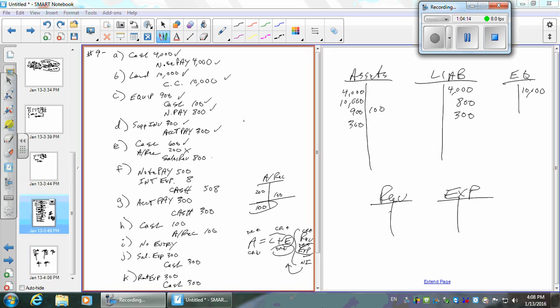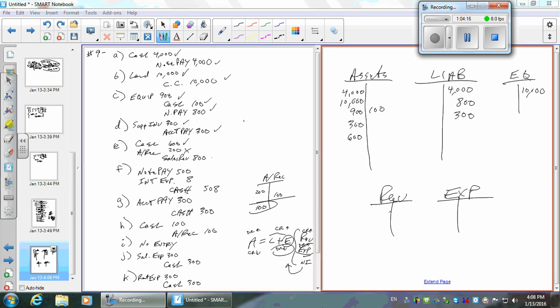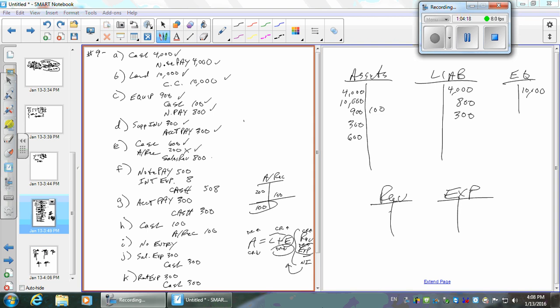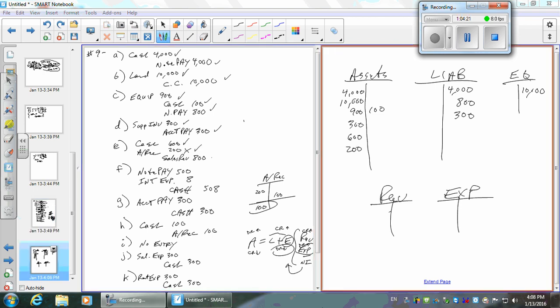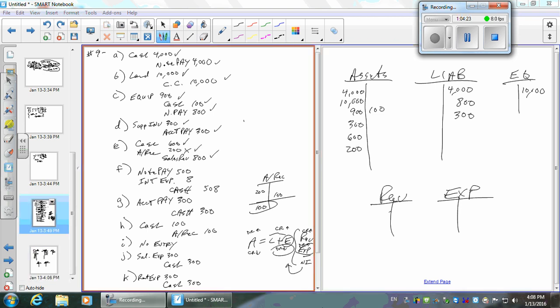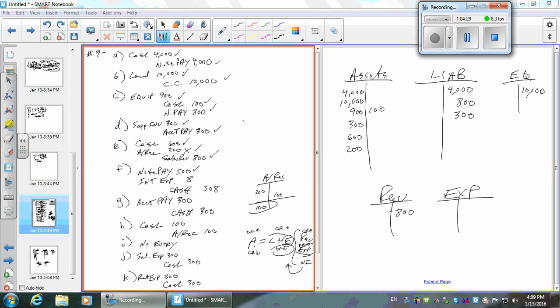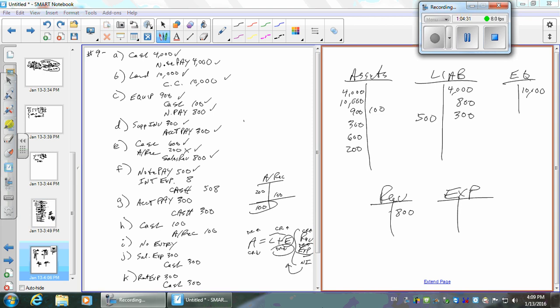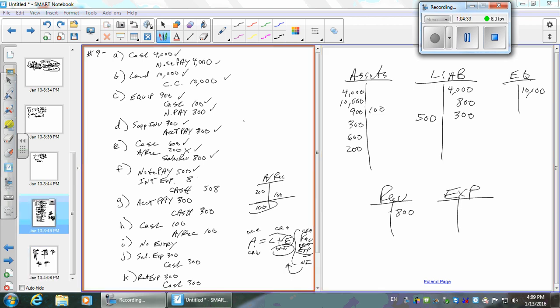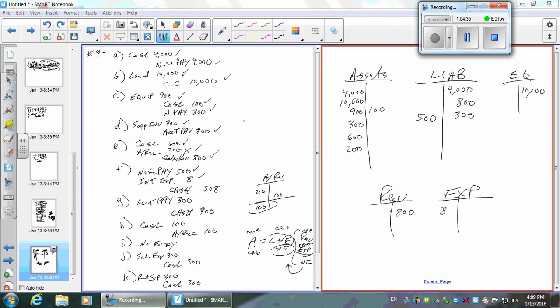So cash: asset. Accounts receivable. Sales revenue: revenue. Okay. Note payable: liability. Interest expense. I bet it's an expense. It says expense. Okay. Cash. Cash still an asset?